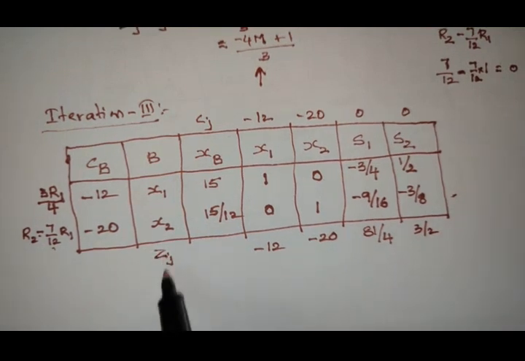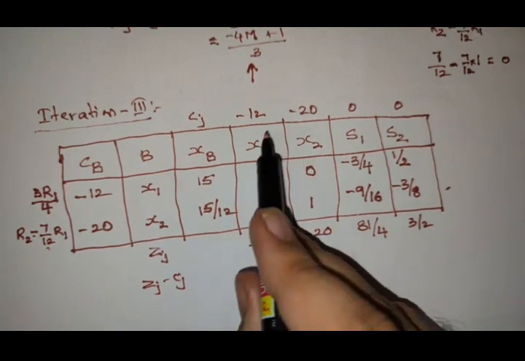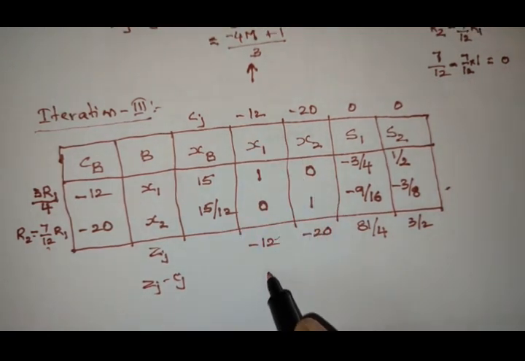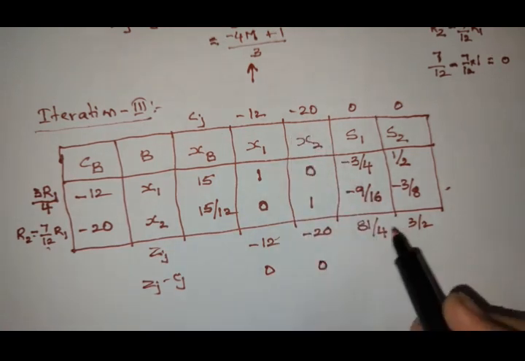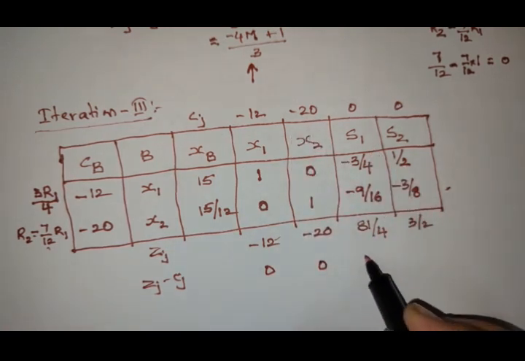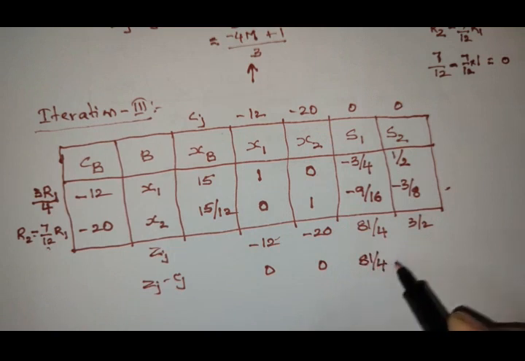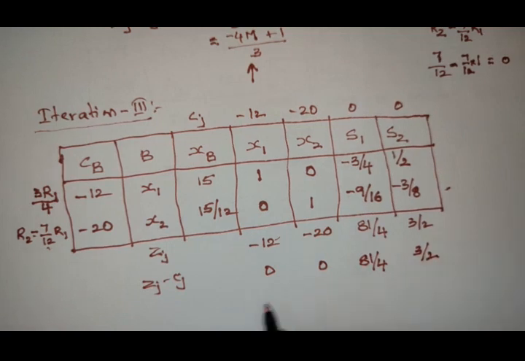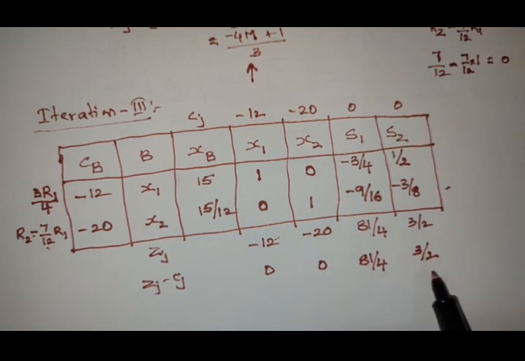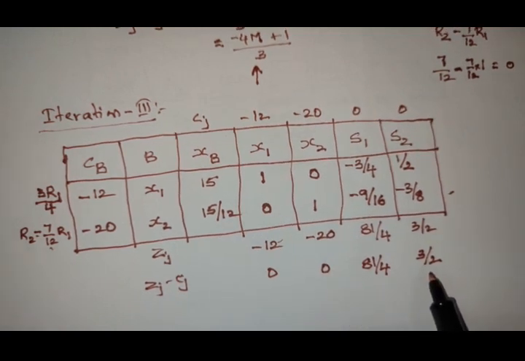Next, calculate Zj minus Cj. Minus 12 minus of minus 12, 0. Minus 20 minus of minus 20, 0. 81 by 4 minus 0 is 81 by 4. Next, 3 by 2 minus 0, 3 by 2. So now we got all Zj minus Cj values as positives, so we reach the solution stage.